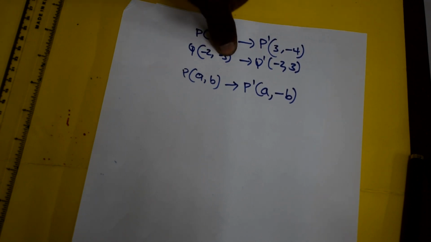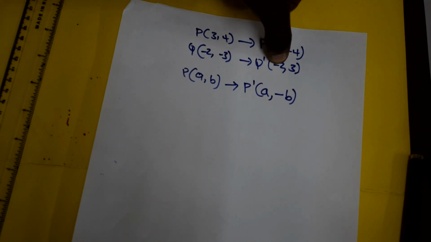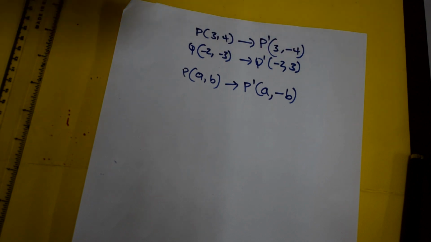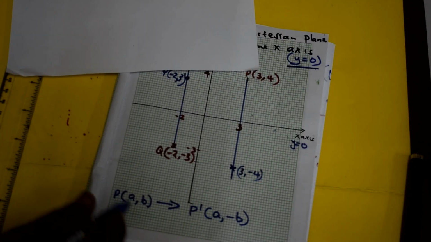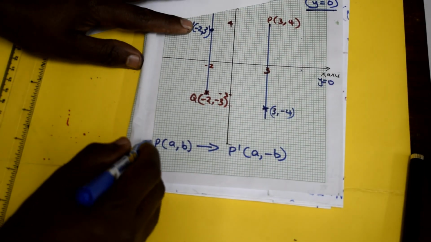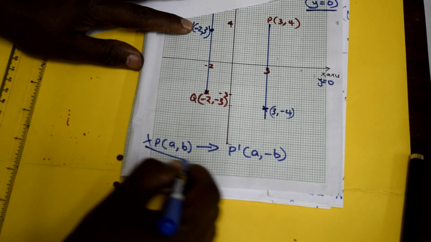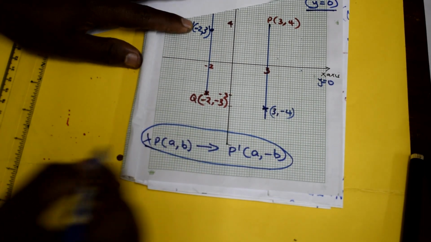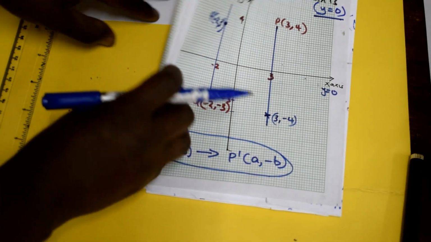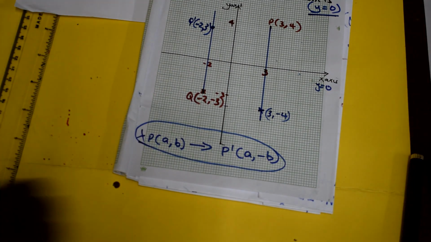And (-2, -3), we get -2, then we have -(-3), which gives us positive 3. So that is the first conclusion we are making: on a Cartesian plane, when a reflection is along the x-axis, then that is what we are going to have.